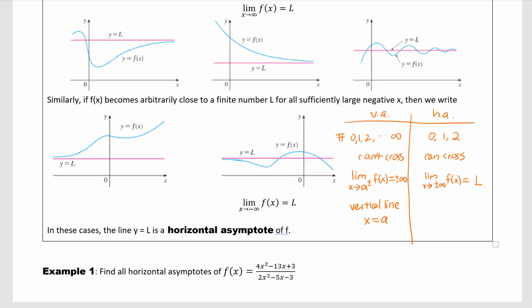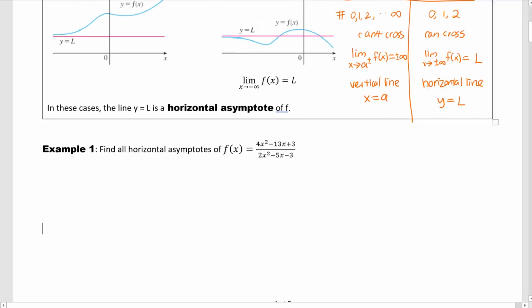It's not a number, it's an equation. Okay, and horizontal asymptotes are horizontal lines. So y equals L. These are horizontal lines. Okay, so this is a small comparison between vertical asymptotes and horizontal asymptotes.